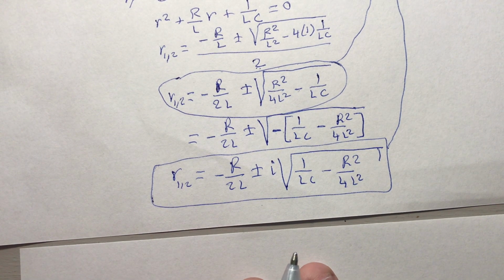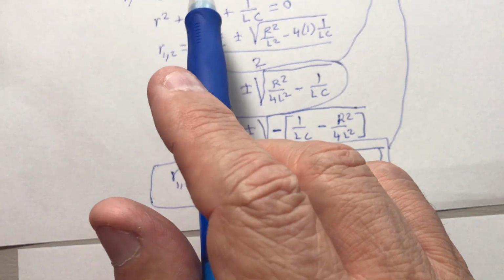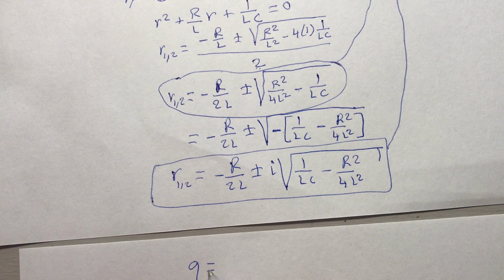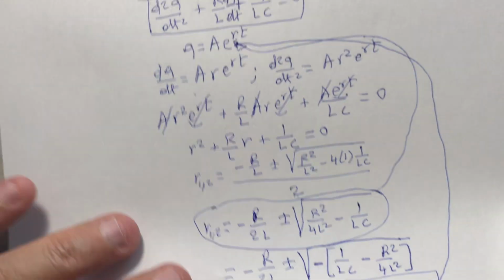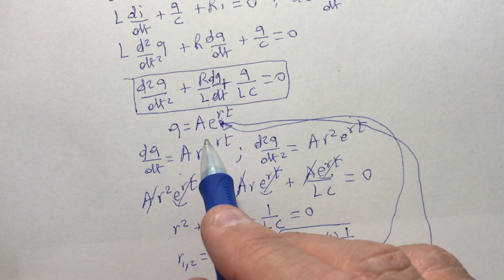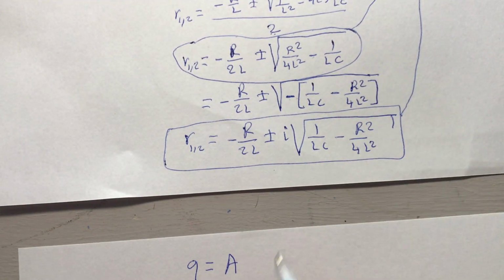Now I need to go find that q. I put here q is equal to, this is what we had before. q is equal to a. Remember, it's here.